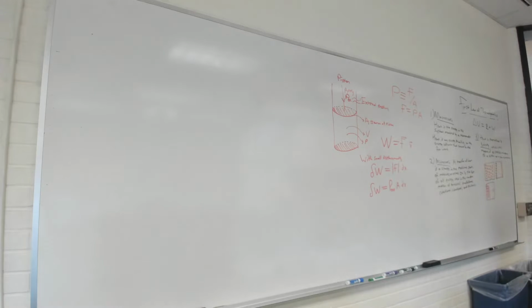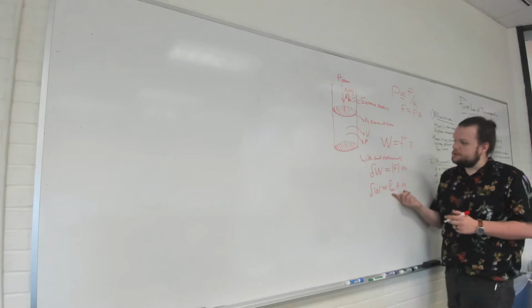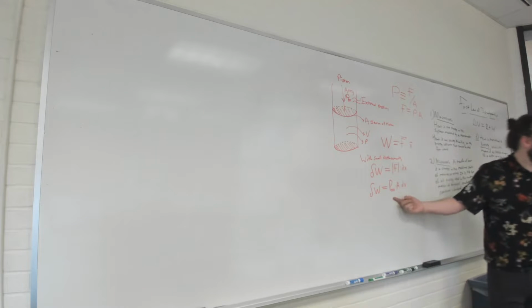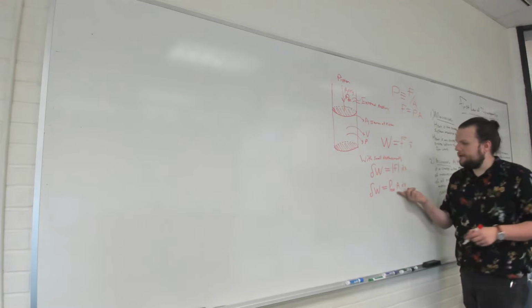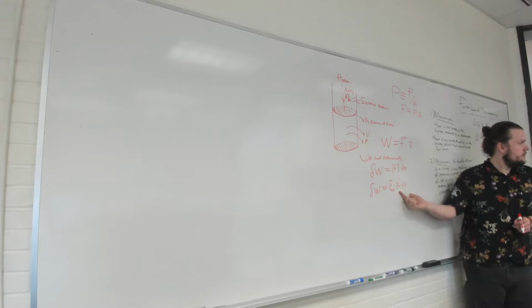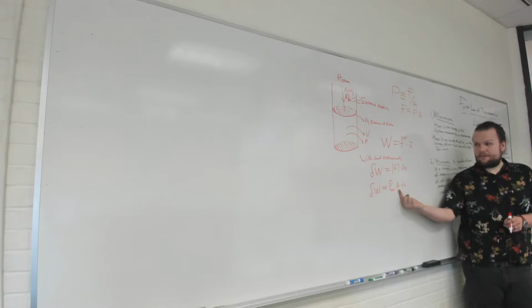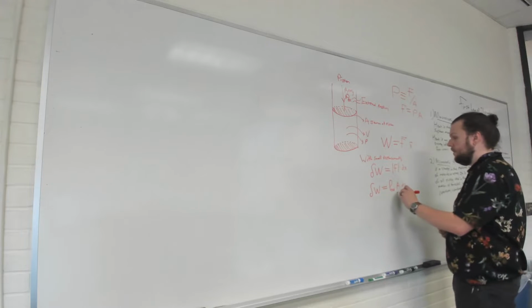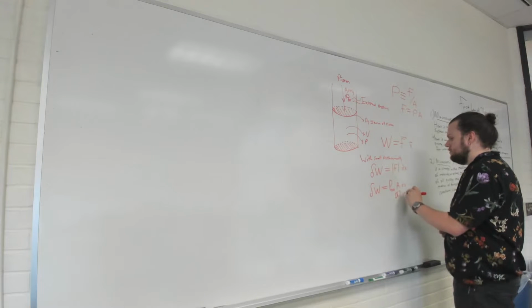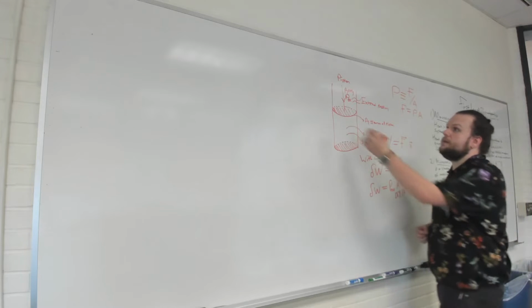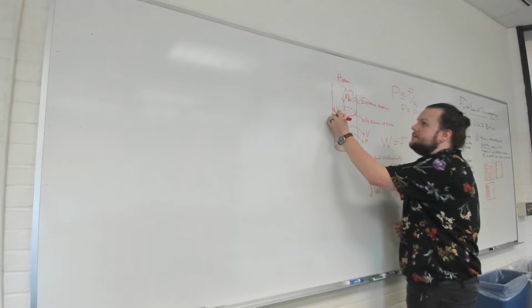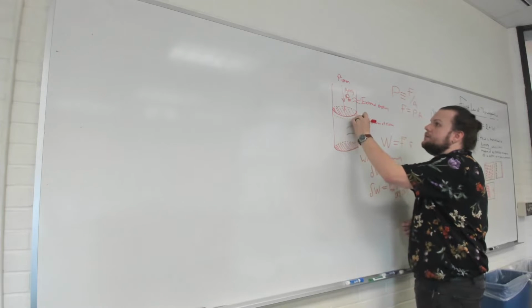Now, here's something that's really interesting. Let's look at the units of this for a second. Pressure, again, is in pascals or newtons per meter squared. But what are the units of area times displacement? A volume, exactly. We have units of length squared times units of length. So the idea is that dV, let me draw it real quick.